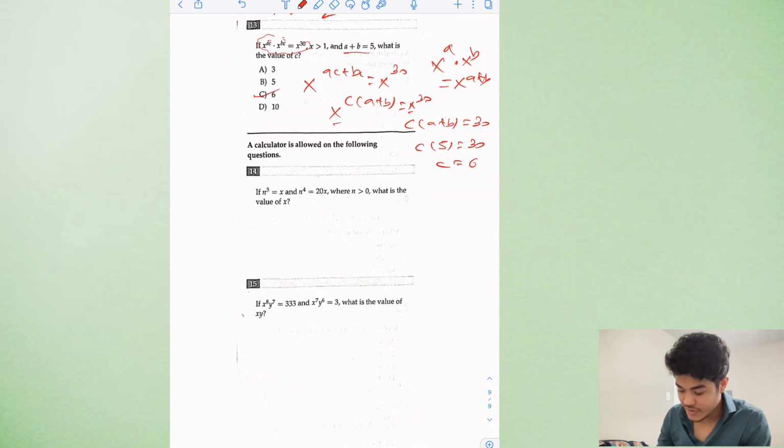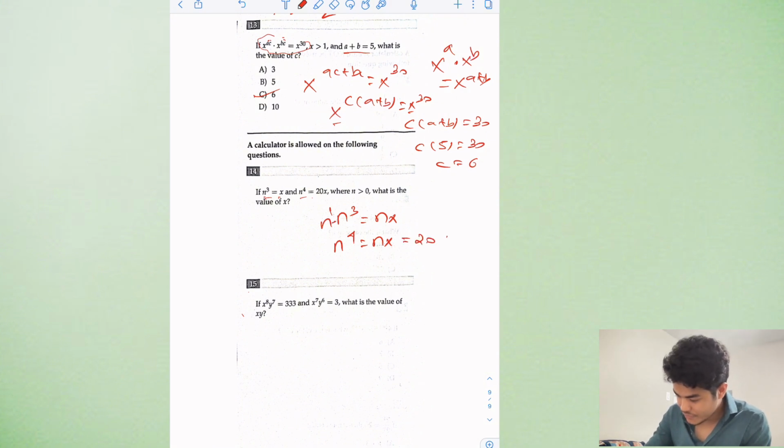If n cubed is x and n raised to 4 is 20x, then what is the value of x? Here it's n raised to 4 and we only have n raised to 3. How about we multiply this expression by n on both sides of the equation? All right, so nx, which is nothing but n raised to 4, and we know that n raised to 4 is 20x.